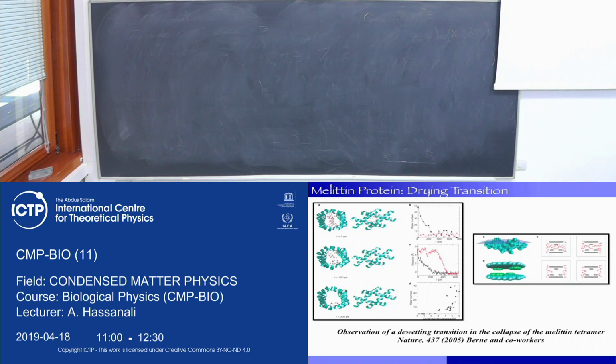I believe it's found in the venom of bees, or something like that, or snakes, one of the two. And it's a protein that's made up of, what are these things called? It's alpha helix. Okay, it's made up of several alpha helices.